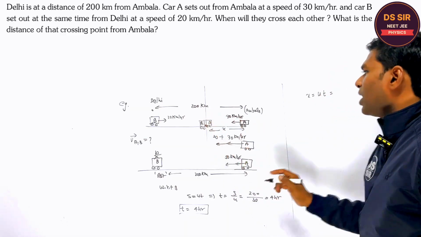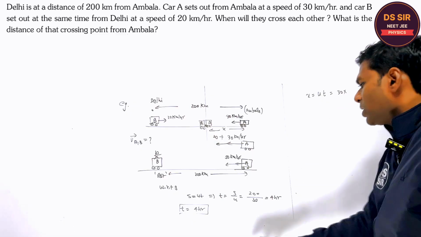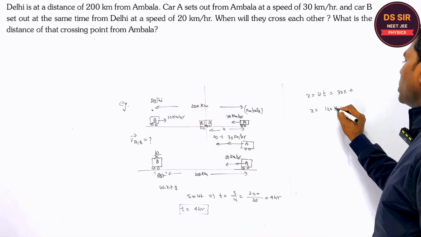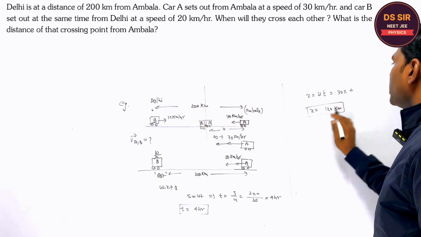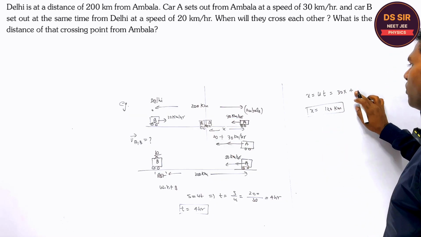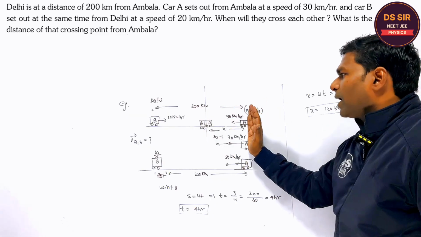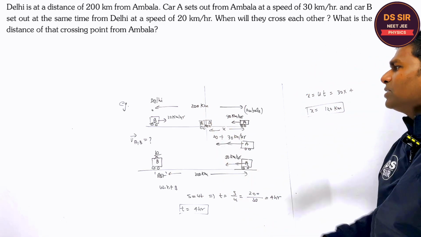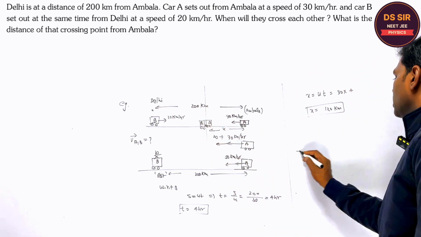What is the speed of car A? Say 30. What is the time? Say 4. So x is equal to what? Say 120 kilometer. This is 30 kilometer per hour into 4. So from Ambala, at a distance of 120 kilometer, both cars will meet.